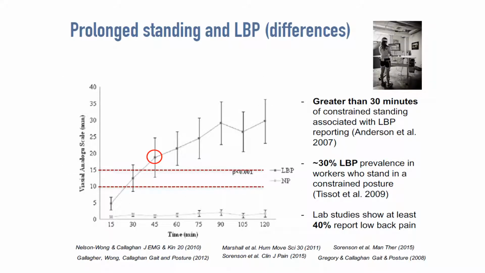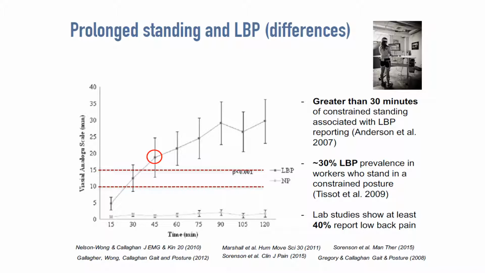But what about standing? We know standing is good for reducing the mortality rate and cardiovascular disease. But in respect of the musculoskeletal system, is prolonged standing good? We have evidence showing that more than 30 minutes of constrained standing can increase the risk of low back pain.